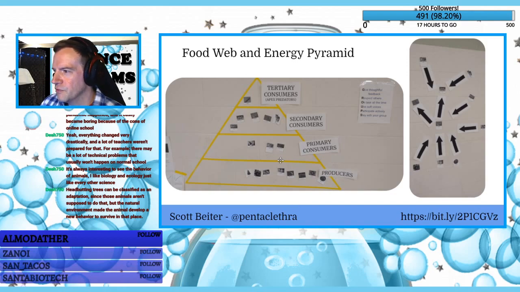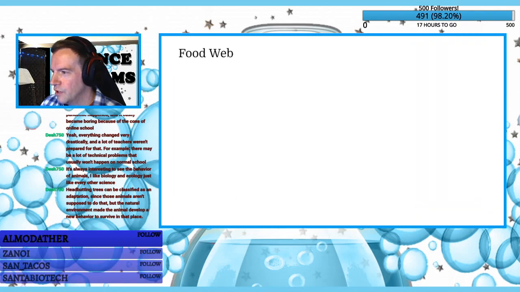And I have a whole bunch of pictures, and we do an energy pyramid, right, with producers on the bottom, primary, secondary, and then tertiary consumers, also called apex predators. Using these same pictures, we also set up a food web. And you can have them do this digitally as well.